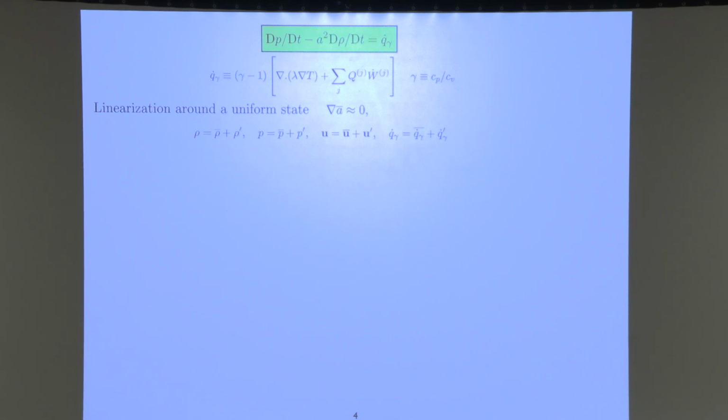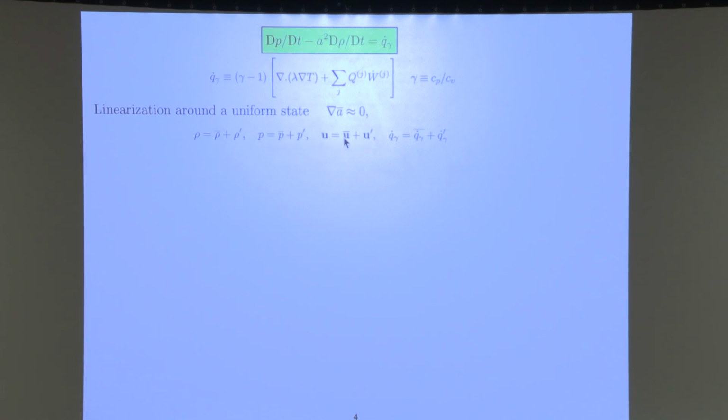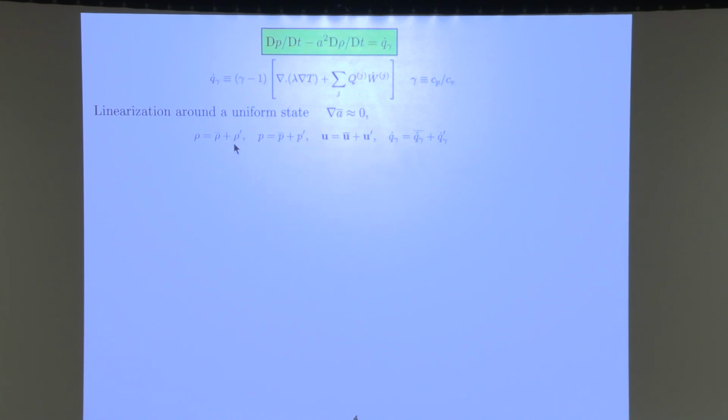Now what you do is you consider small fluctuations. You have a vessel, you have this burning, and you consider a small fluctuation. So the overline are the unperturbed state, and the prime are the fluctuation. They are small compared to the overlined quantities.